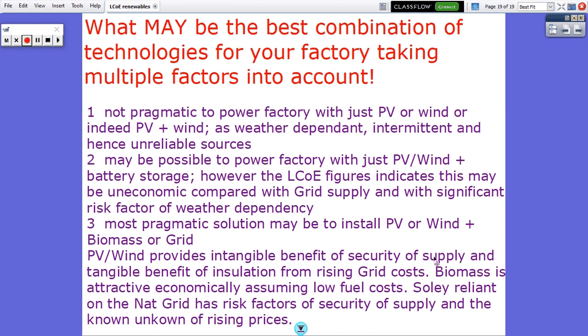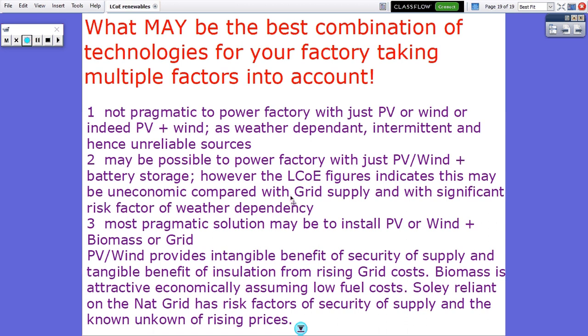So to some extent, if you can come off grid, you know that you're going to have security of supply, and that may well give you the intangible benefit of essentially peace of mind, and it does give you the tangible benefit in terms of costs of insulating you from continually rising national grid prices. Biomass is an attractive economic solution, providing you have low fuel costs.